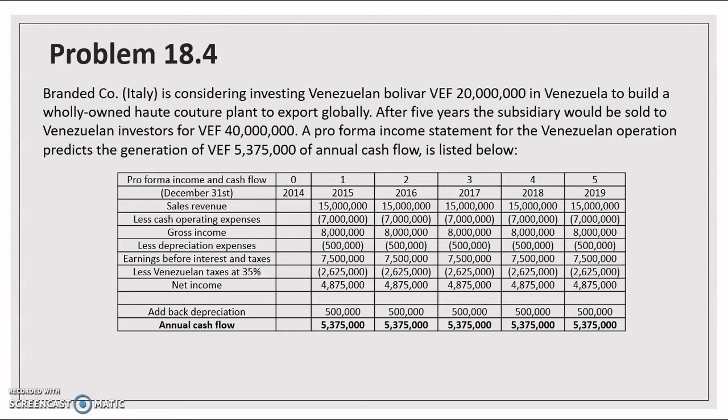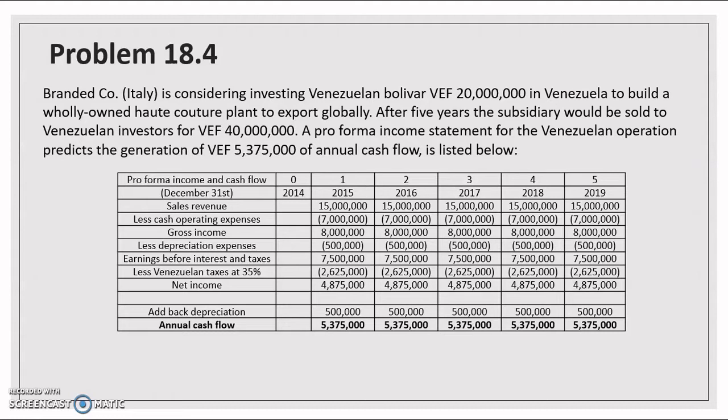Brandon Company is considering investing in Venezuelan Bolivar in Venezuela to build a wholly owned haute couture plant to export globally. So they are looking at investing in a factory that will be supporting very unique clothing garments.